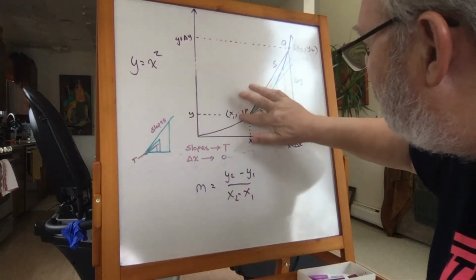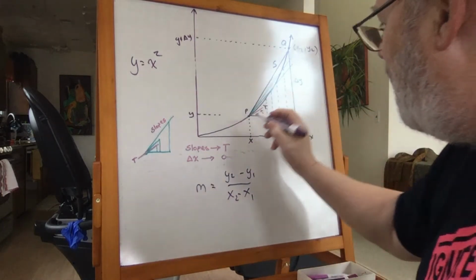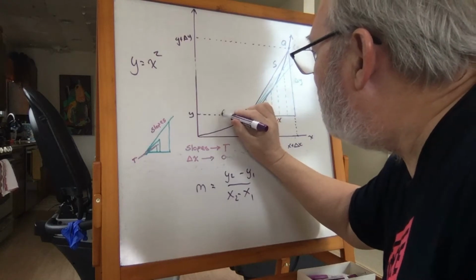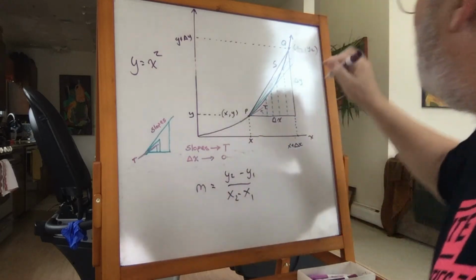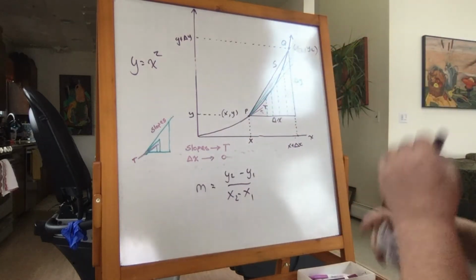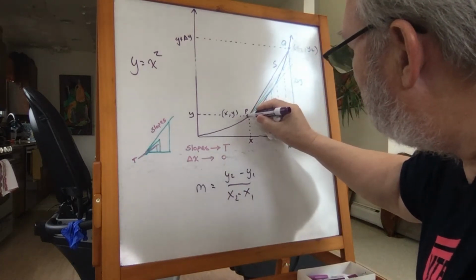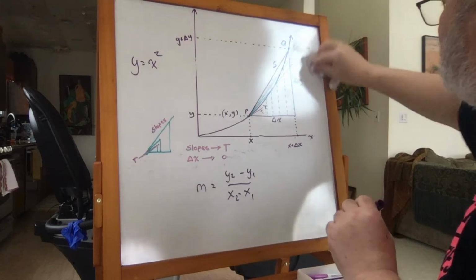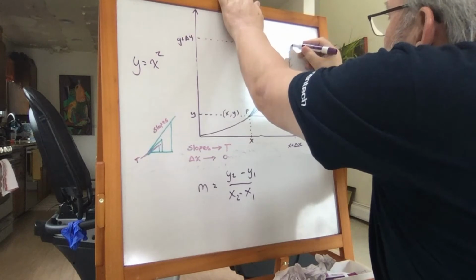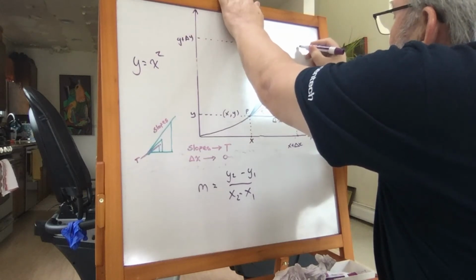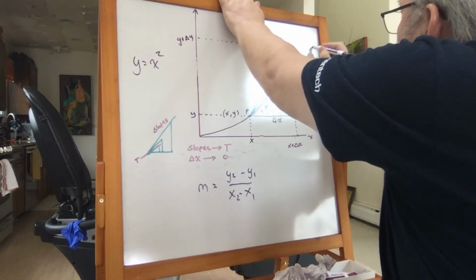Well, here we're not dealing with any specific x's and y's, so we're going to be looking at x and y here, at point P. We can continue our dots here, and point P or Q, our x is x plus delta x, and y plus delta y.